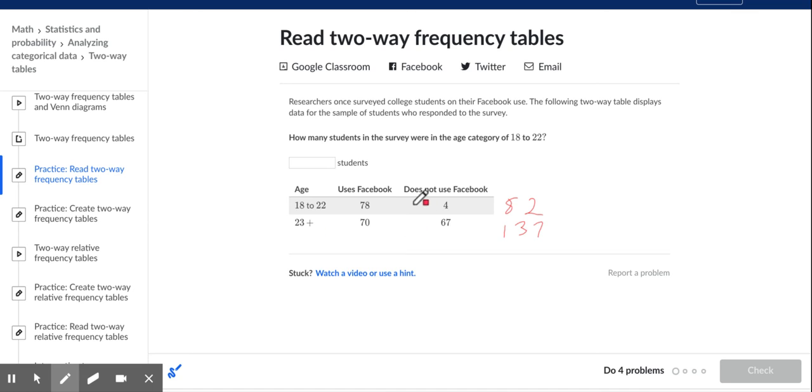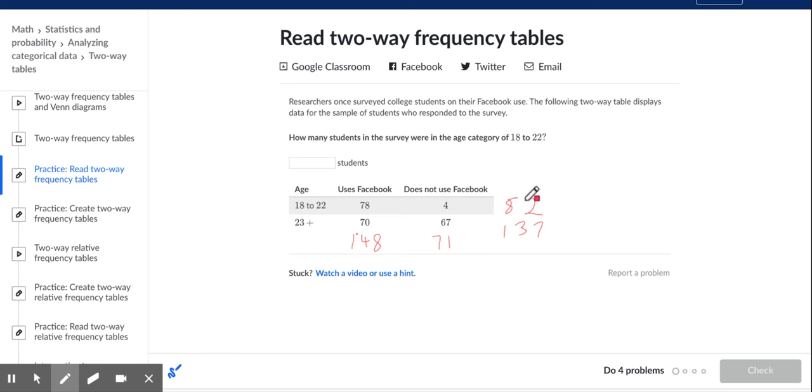All right, so continuing on, I can figure out how many people surveyed used Facebook by adding these two. So I get 148 for that. 148 people use Facebook, and 71 people don't. And then I could add these together, and I could add these together, and I could get the total of the whole thing.